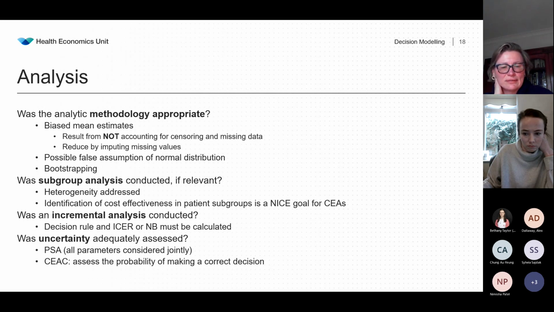So for instance, sometimes costs and consequences are not normally distributed, and it is important to consider sometimes correlation between costs and consequences. And there are various statistical methods that could be used to address that. Subgroup analysis is also quite relevant.